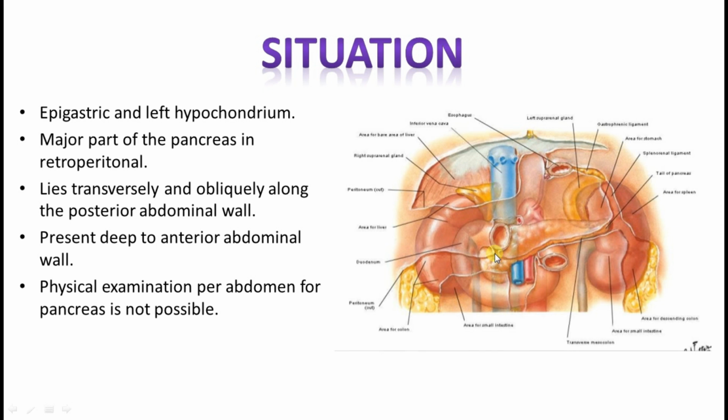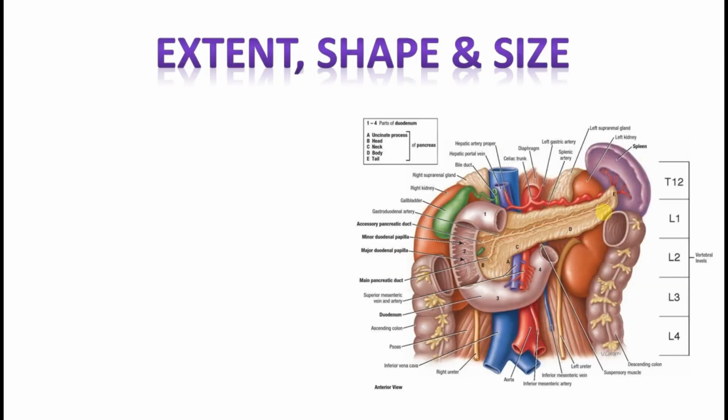But here the pancreas is not possible, and at the same time even the duodenum is not possible by physical examination because it is present at a deeper plane. So lying transversely, it is present with a transverse extension from the concavity of the duodenum to the hilum of the spleen.